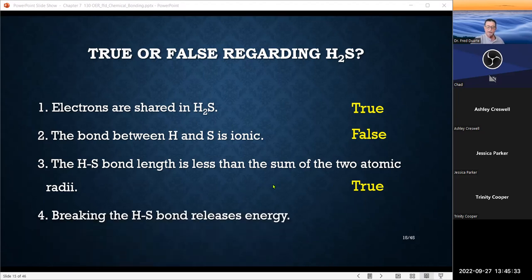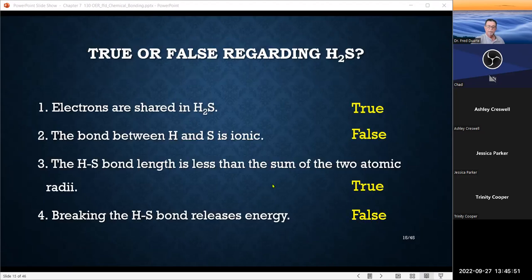And then, breaking the H-S bond releases energy, and that's false. Anytime you break a bond, it requires energy.